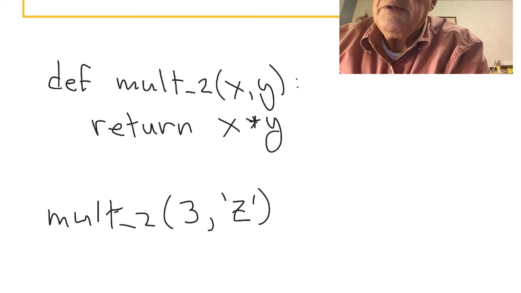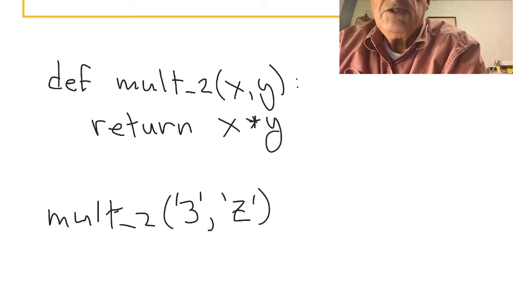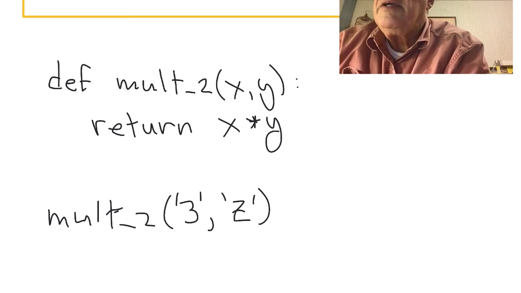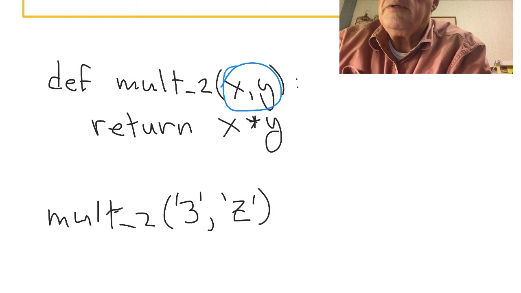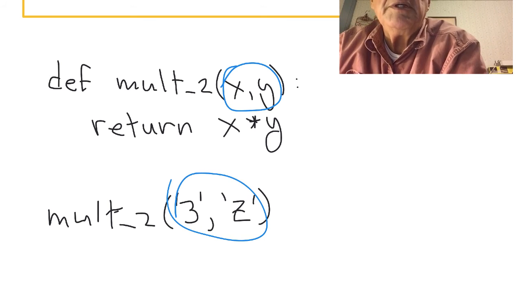Or if you call it with 2 characters, it's going to generate an error. So the message here is that when you design and write functions, one of the things you have to think about is verifying that the input, when the function is called, is what you expect it to be.